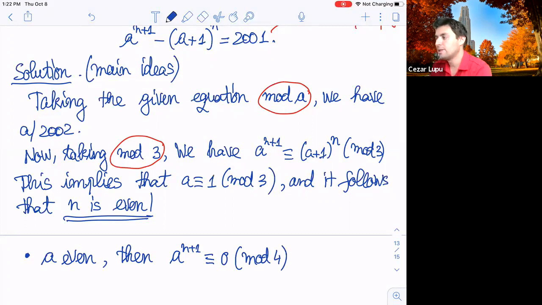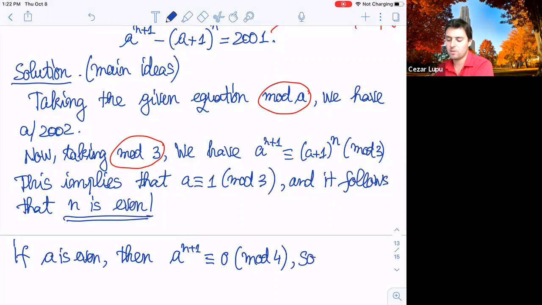So now you'll see that... okay, no, let me put it like this. If A is even, then we have this. And then at some point you will obtain a contradiction. So this implies that... what do we have?